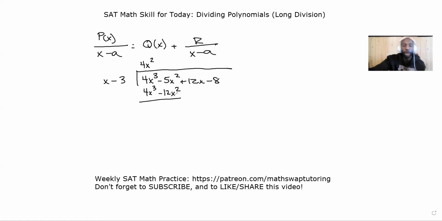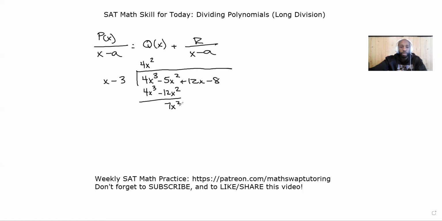Now, being careful, because when I recorded this video before, I made a mistake there. Remember, you're subtracting these from the terms up here. 4x cubed minus 4x cubed gives you 0. Negative 5x squared minus negative 12x squared is the same as negative 5x squared plus 12x squared, which is going to be 7x squared.